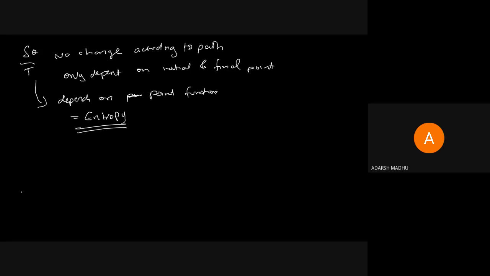So we are drawing the TS diagram for entropy. How can we represent entropy in a graph?